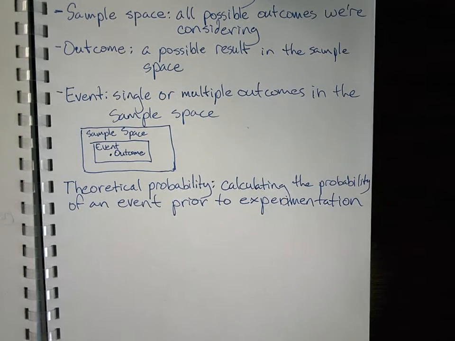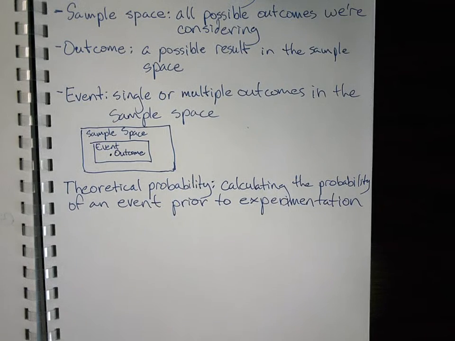All right, so before I actually go out in the world and test and see what the experimental probability is of a certain event happening given a certain sample space, I'm going to be thinking of it in purely abstract terms, right? There's a die, I have 6 sides, 1 through 6. What's the probability of my rolling a 2? That would be theoretical probability.